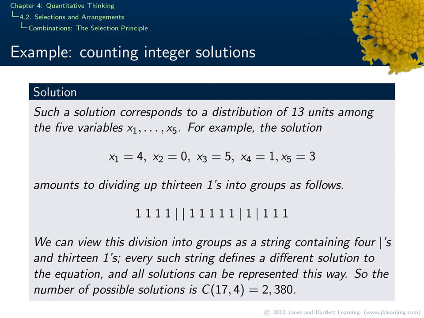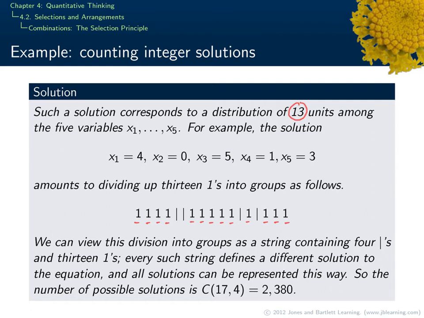So we have our 13. You can imagine 13 as being made up of 13 ones. Now, if I want values for x1, x2, x3, x4, and x5, what I can do is partition those ones into pieces or into groups.